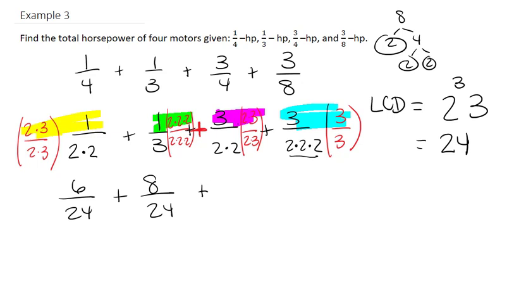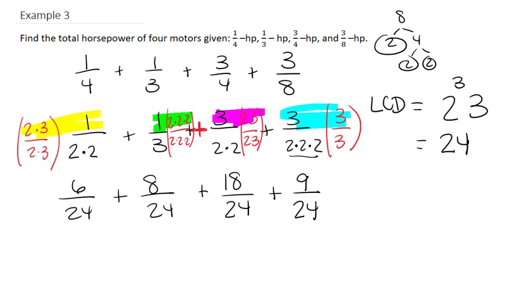Now we have 3 times 2 times 3. So 3 times 2 is 6 times 3 is 18. And it's over 24. Next we have 3 times 3, which is just 9, and then over 24.